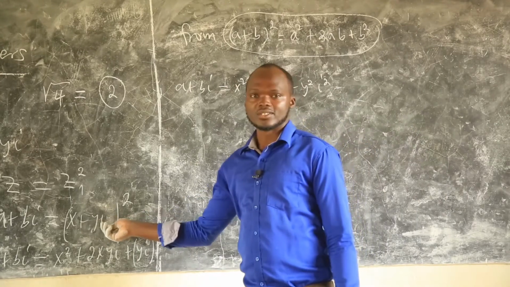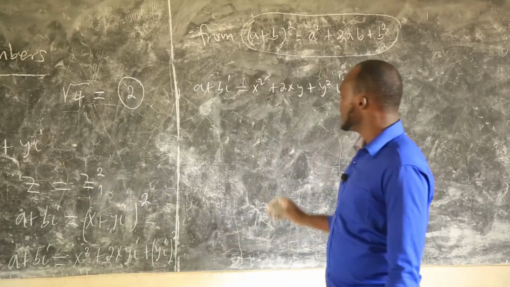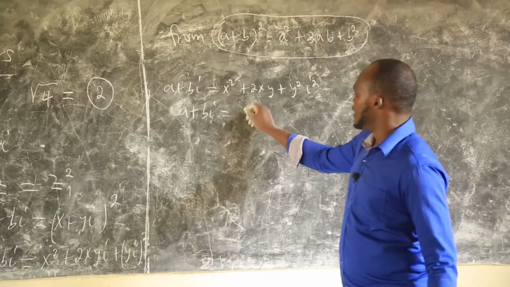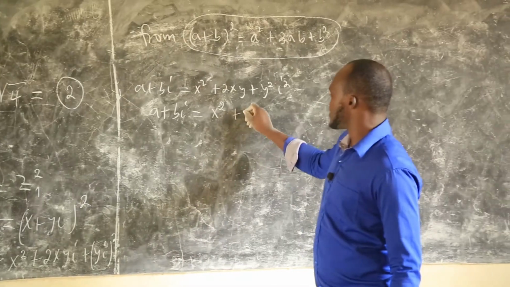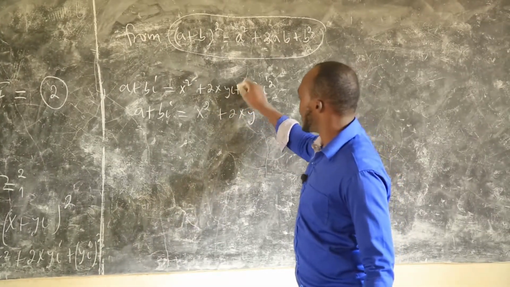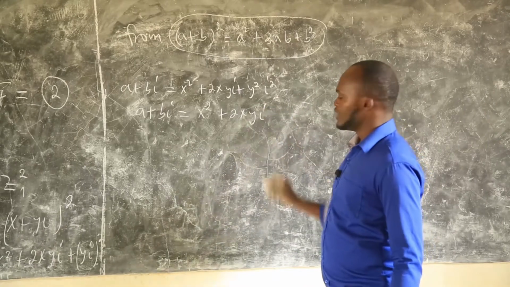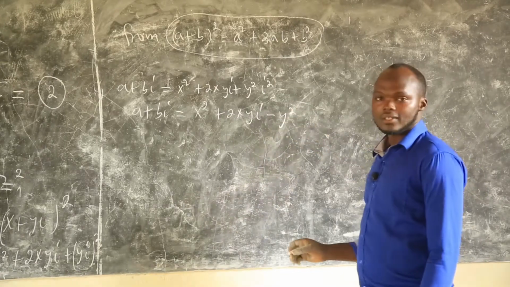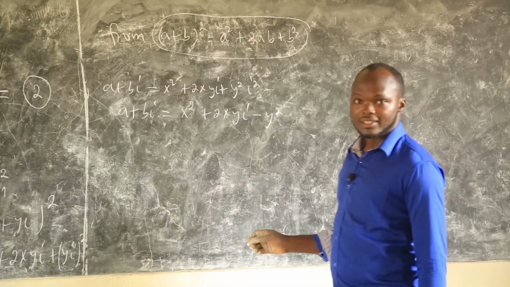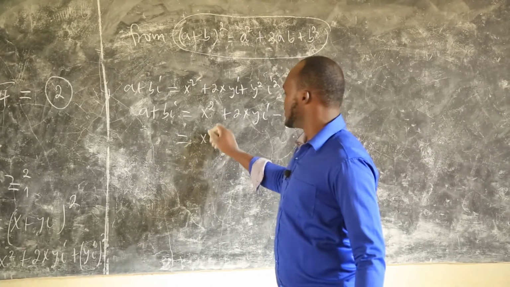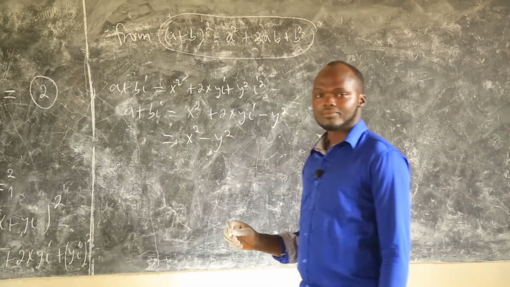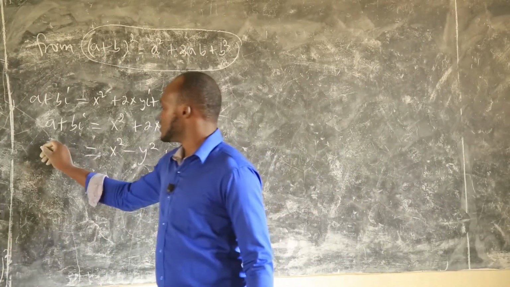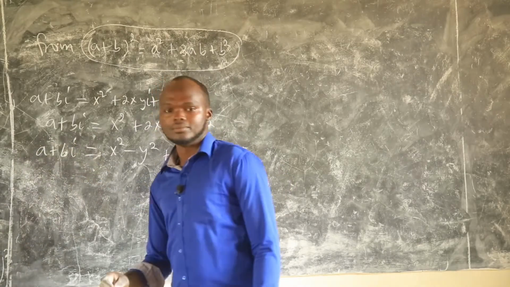Here also you can expand as usual. Then a plus bi equal to x squared plus 2xyi, then i squared is -1, which is negative y squared. So real part together and imaginary part together. So this is x squared minus y squared plus 2xyi, which is equal to a plus bi.